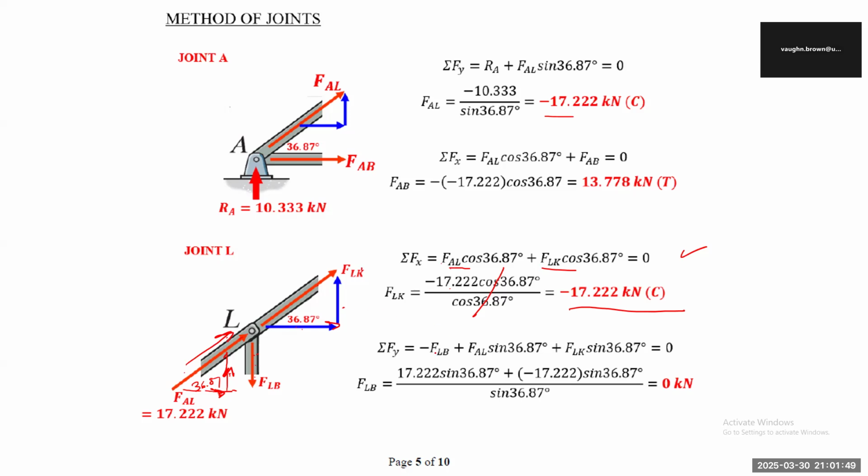So this one is going down, which is FLB. I think that is the one you're finding. And then you have this one going up, FAL sine 36.87, plus this other one, FLK sine 36.87, equals 0.